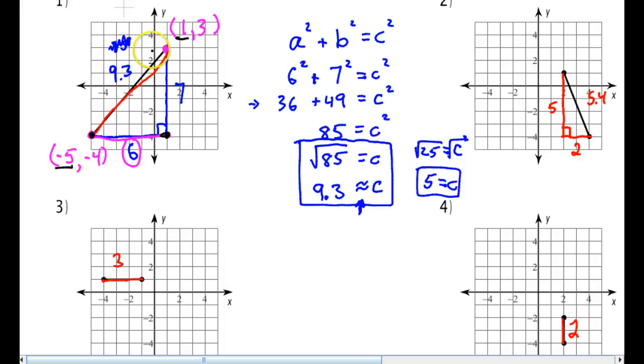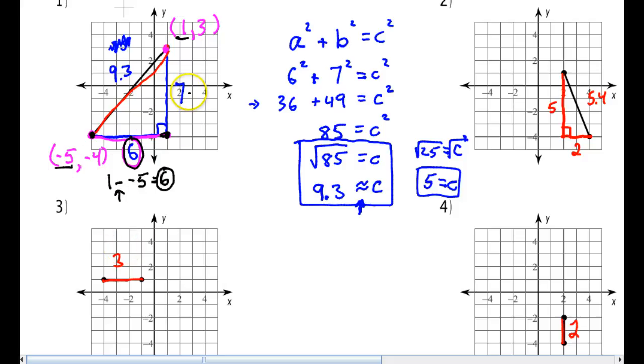Is there any way to figure out, well, from -5 to 1, it's 6. Okay, so 1 minus -5 equals 6. So I can get the value of how far it is just by subtracting the 2 numbers. 1 minus -5 is 6.